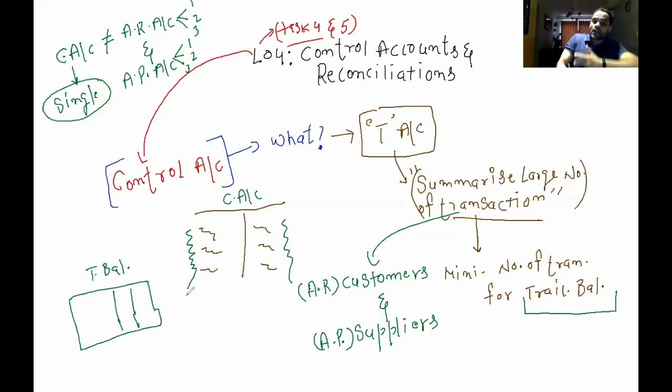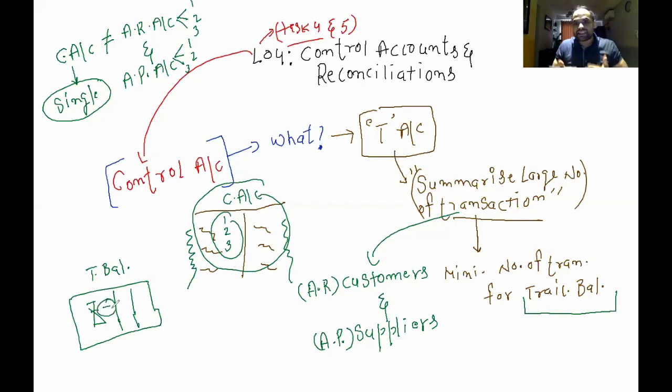So instead of writing 3 different customers, we are writing only one balance. This balance comes from the control account, because in the control account, we have 3 customers. So instead of writing 3 transactions, we are writing only 1 transaction. All right.